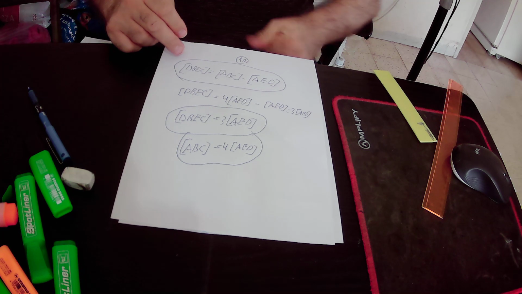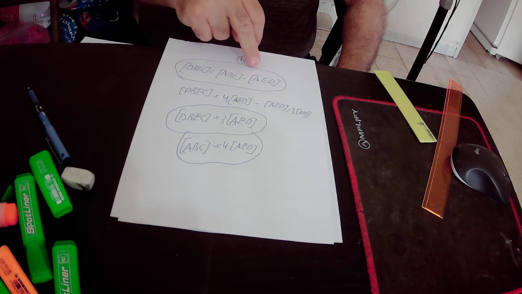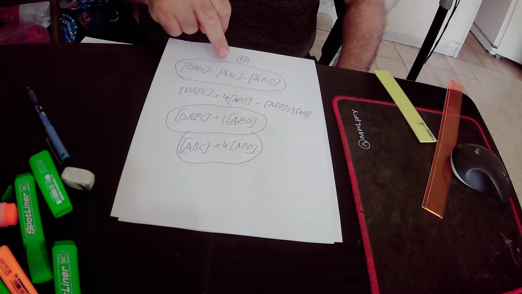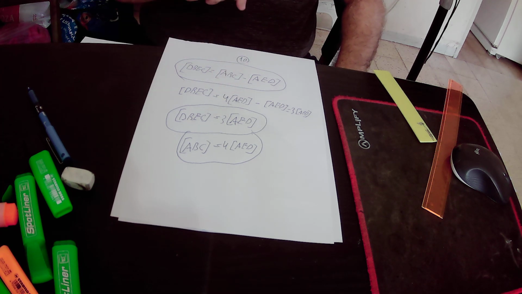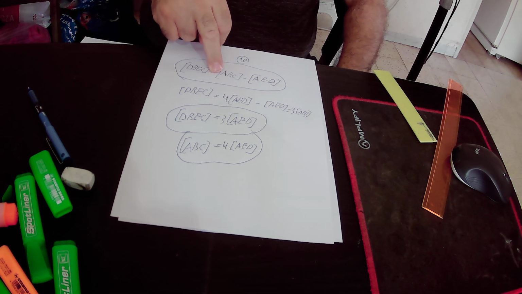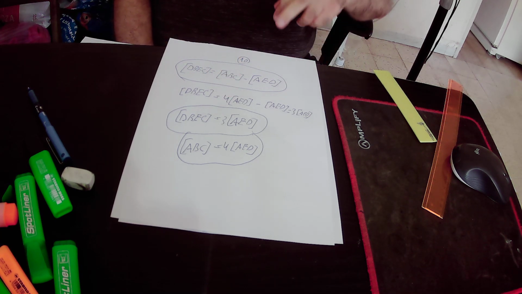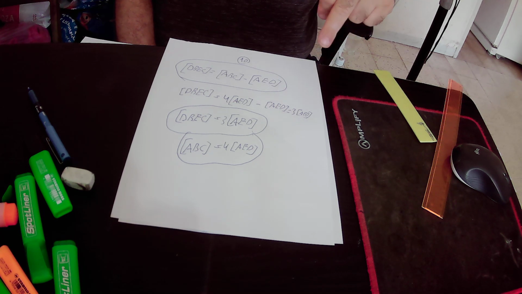But we have already found out that the area of triangle ABC is 4 times bigger than the area of triangle AED, so it equals 4 times the area of the small triangle. So we substituted ABC by 4 times the area of the small triangle. So 4 times the area of the small triangle minus 1 times the area of the small triangle equals 3 times the area of the small triangle.